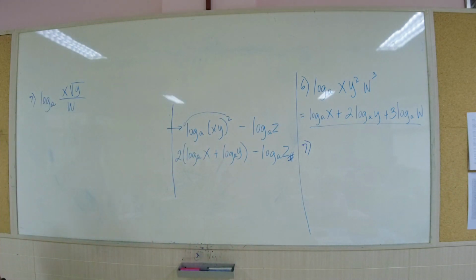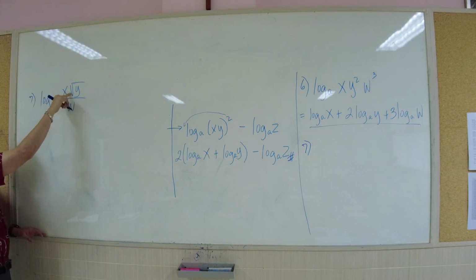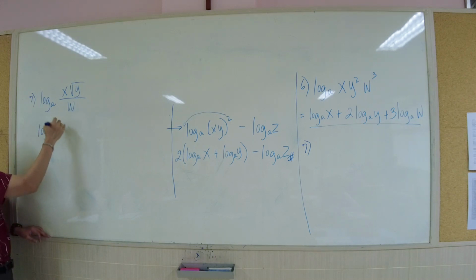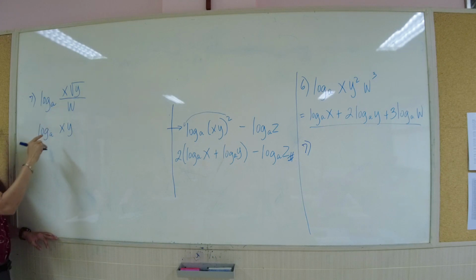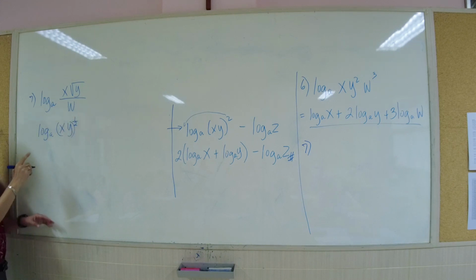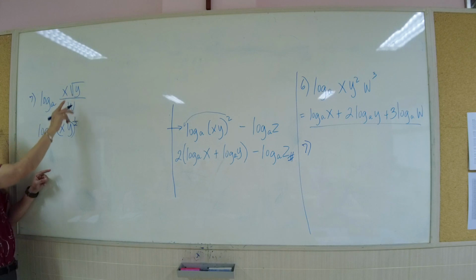Since there's a square root, let us convert first into exponent. Logarithm base of a, xy power of, not 2, 1/2. Do not put parentheses, because not only variable y is inside the square root.